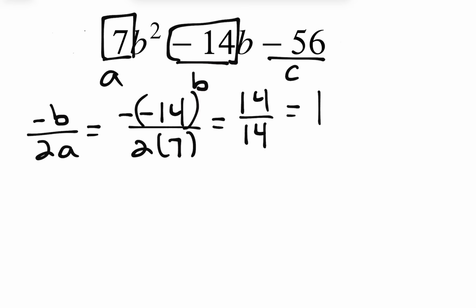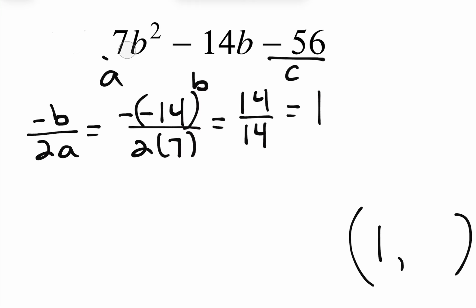So we get 1. That gives us the x coordinate of our vertex, but we need to take that and plug it back in order to get our y value. So wherever we see a variable, in this case a b, we'll take this 1 and plug it in there, and plug it in there.